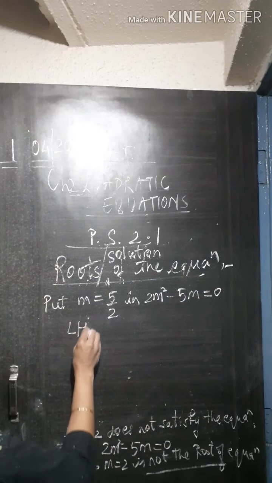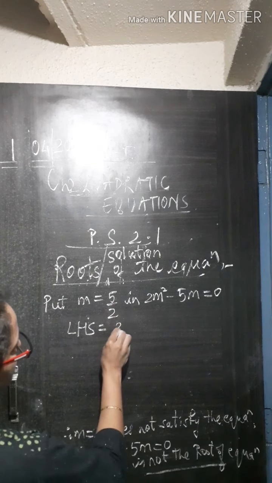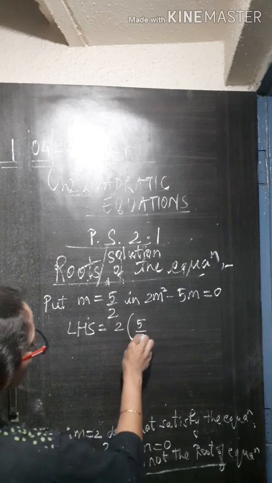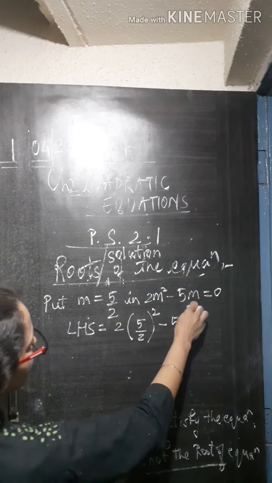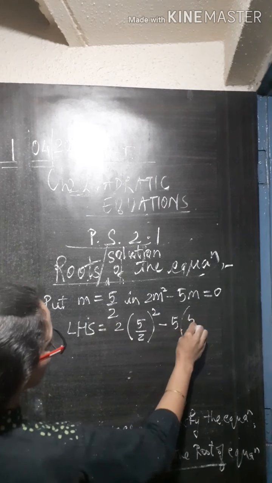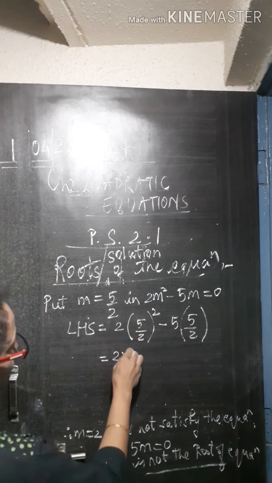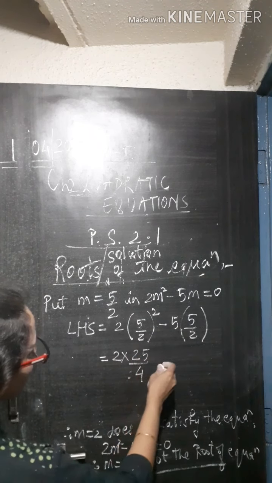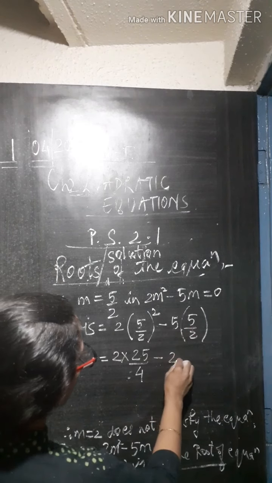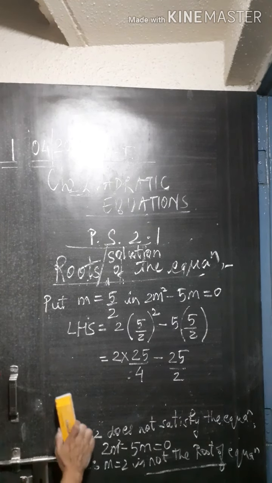So what is my left hand side going to become? m square will become 2 bracket 5 upon 2 bracket square, minus 5m will become 5 into 5 upon 2. Opening the bracket, it will become 2 into 25 upon 4, minus 5 into 5, 5 fives are 25 upon 2. So what is going to be the left hand side?